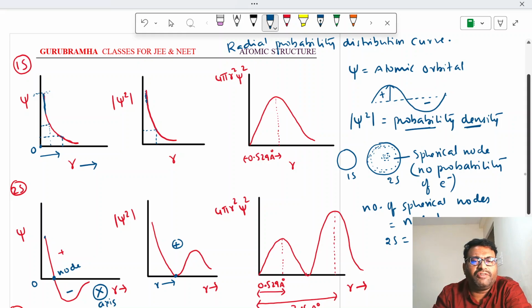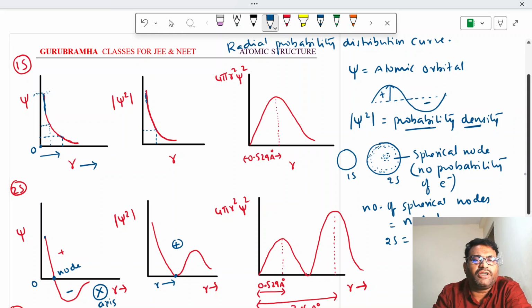So first point, what did we discuss? We have discussed that for s orbitals, especially, when you are drawing a graph between psi and r or psi square and r, the graph always starts with non-zero.